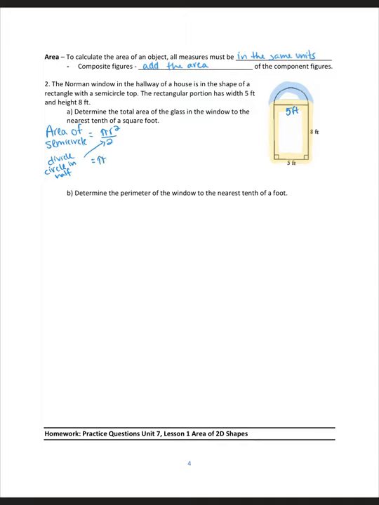Well, if 5 is our diameter, then the radius is just half of that, right? Our radius is half of our diameter, so our radius is going to be 2.5. So we're going to have pi times 2.5 squared divided by 2, and that's going to equal 981.7 feet squared. Okay, and then if we needed to calculate the rectangle, let's do the area of the rectangle.